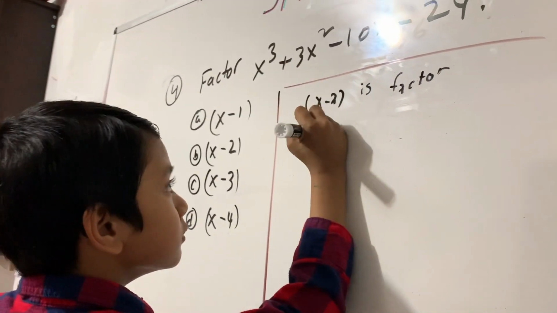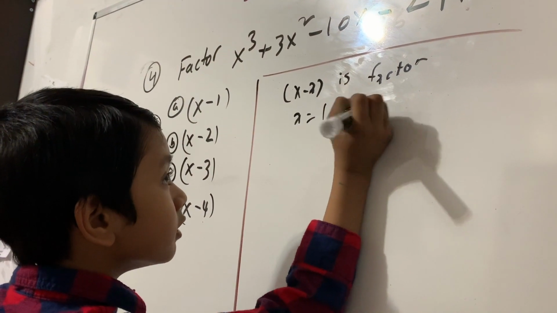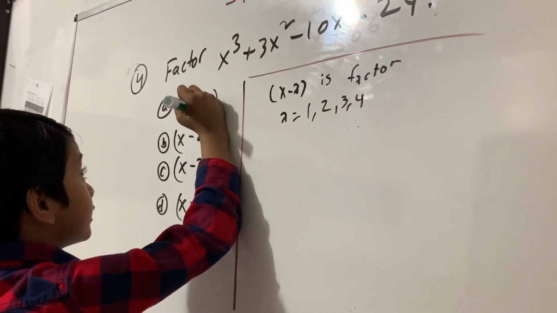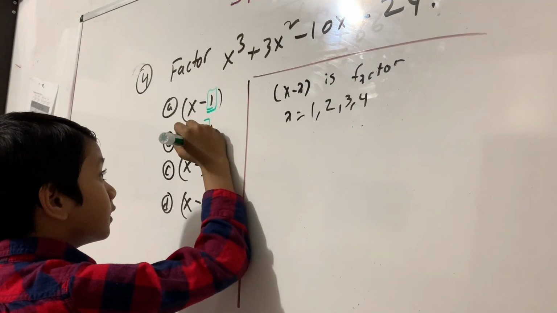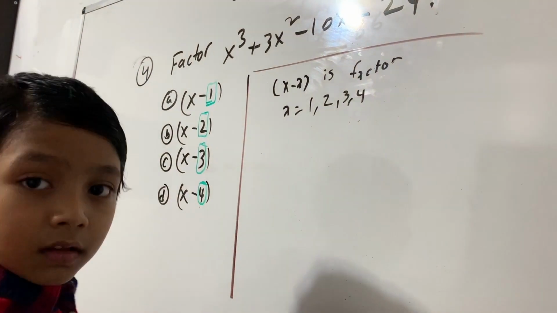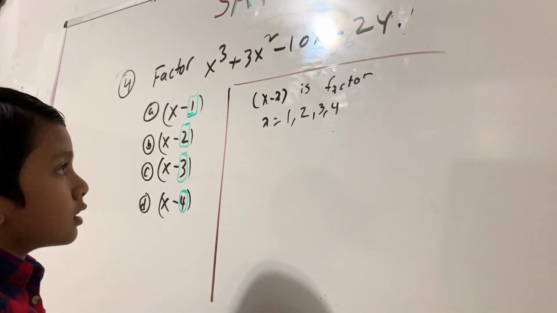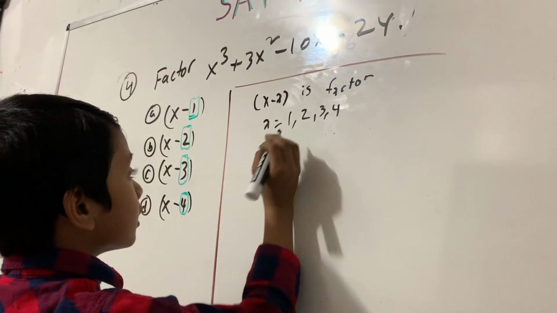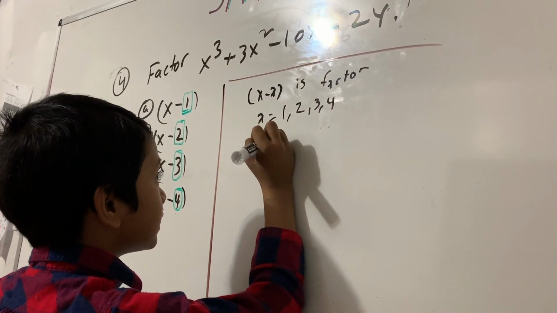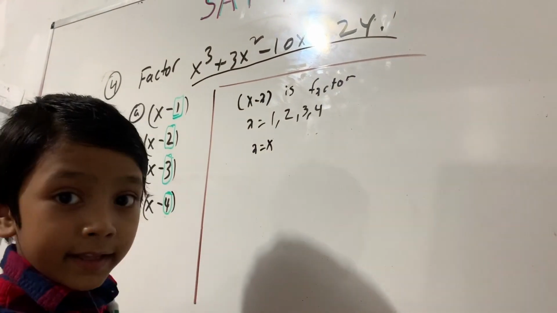So A can be 1, 2, 3, or 4. It's because of these. Oh my goodness. So we want to set A to x in this form of the equation.